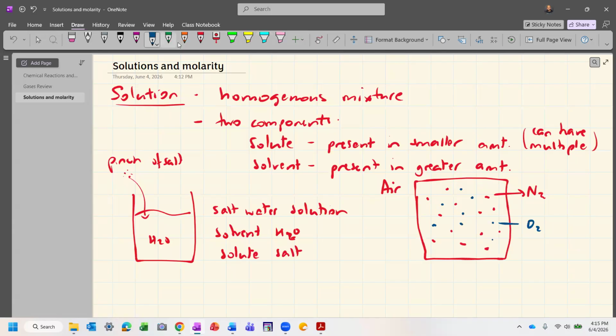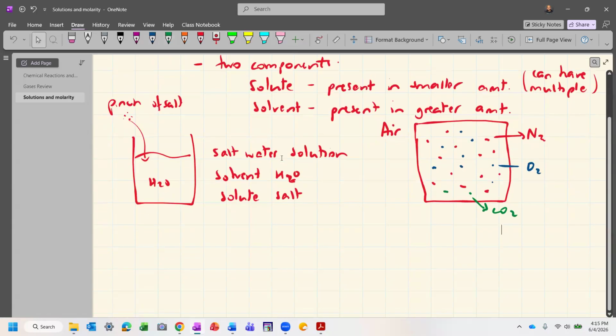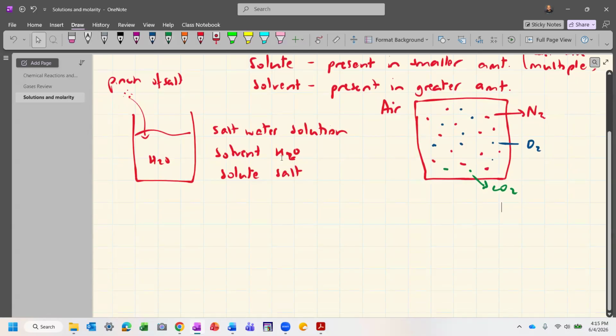And you have even smaller amounts of other things like carbon dioxide, for example, and other components of the air that you're breathing in. So again, you have a homogeneous mixture of several different gases. So air is actually a solution. You don't normally use the term solution, but it is. Air is an example. It's a homogeneous mixture.